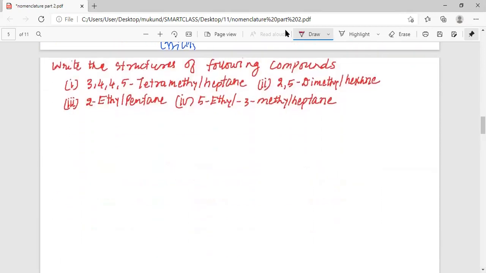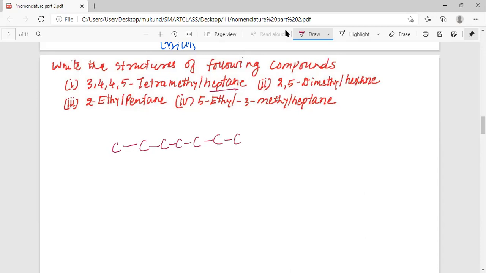Now, my dear students, we have to write the structures of the following compounds. 3, 4, 4, 5 tetramethyl heptane. So first we'll write the structure for this compound, number 1. First heptane, that gives us 7 carbons. So we have 7 carbons, 1, 2, 3, 4, 5, 6 and 7.